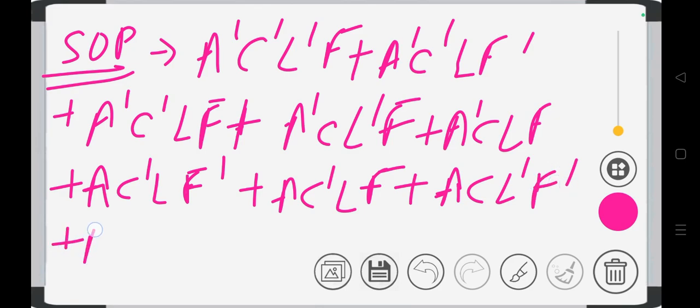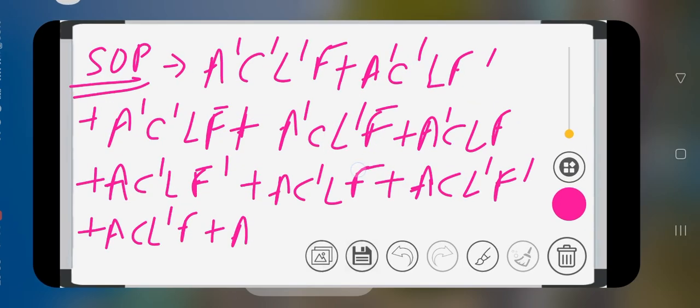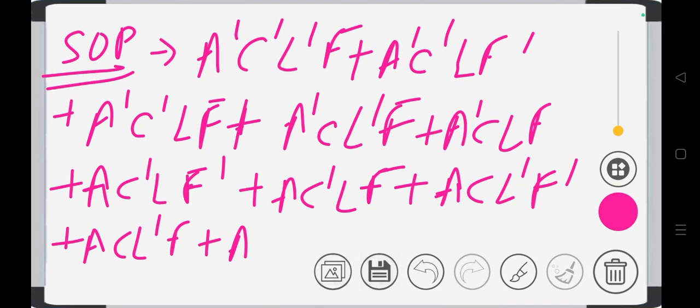Then A C L complement F. Then A C L F complement. Then A C L and F, our final term, the 15th term. Okay, guys, so this is the final SOP expression, and there is one more form.